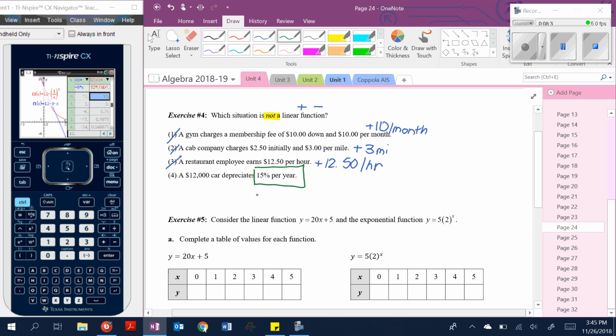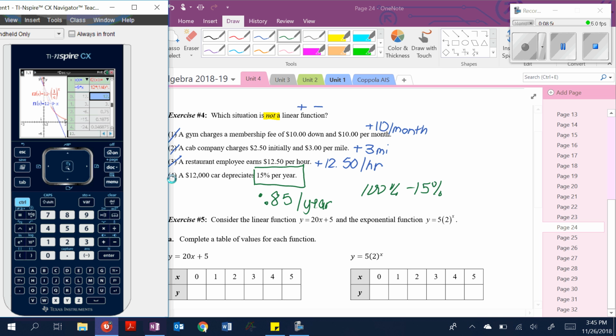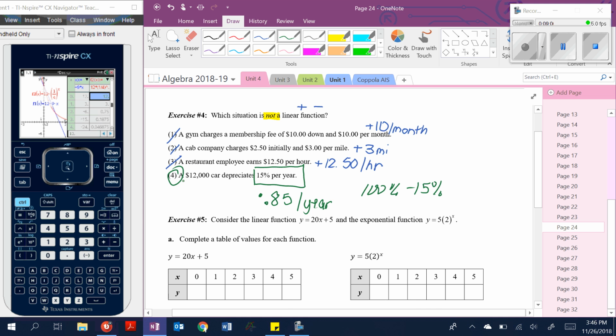So in this case, if we want to really snazz this up, this would be multiplying by 0.85 every year. And where did I get that 0.85 from? Well, that's just 100% minus the 15% depreciation, which is 85%. So our winner here is number 4.